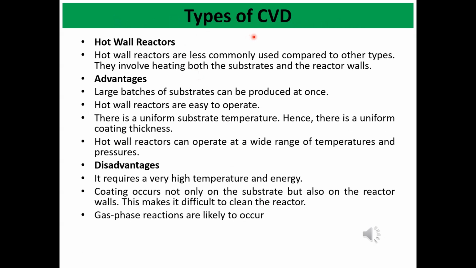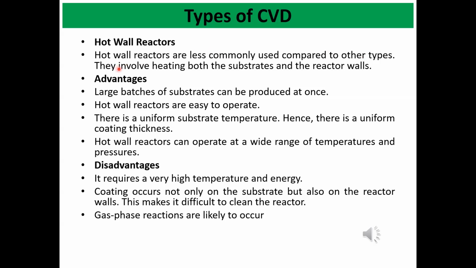Types of CVD reactors. Basically, there are two types of CVD reactors: hot-walled reactors and cold-walled reactors. Very first, we will discuss hot-walled reactors. Hot-walled reactors are less commonly used compared to other types.